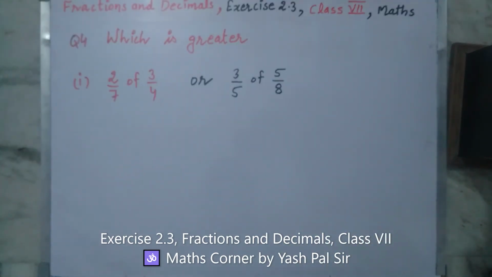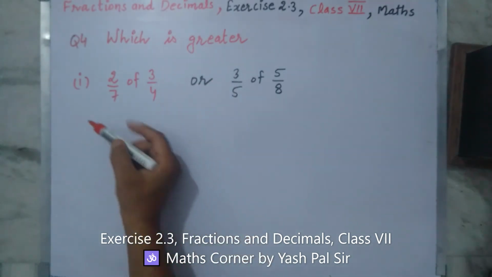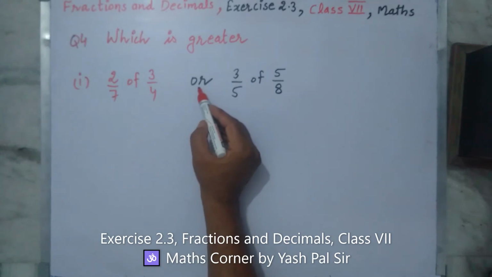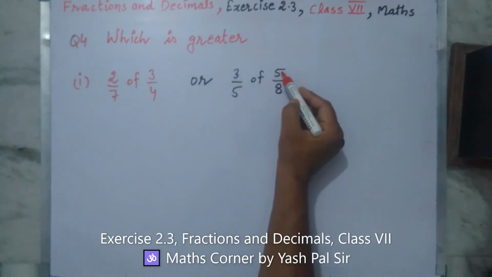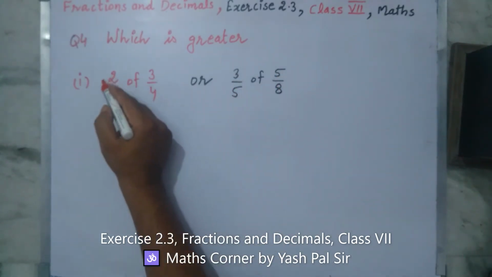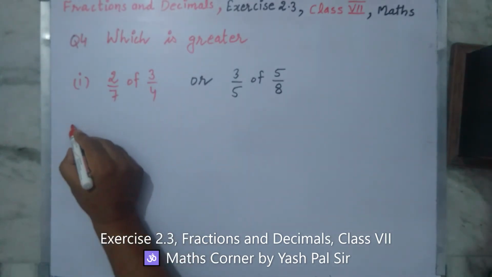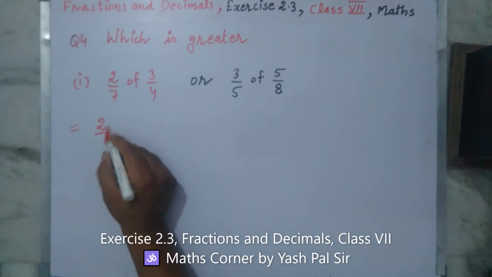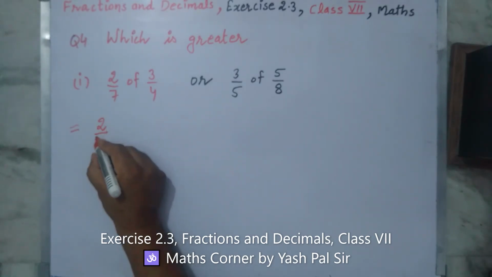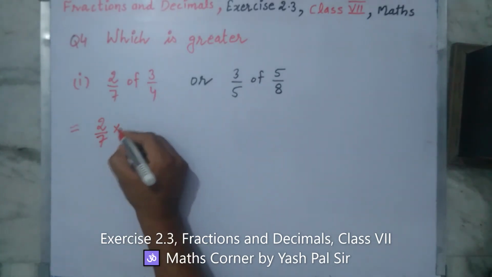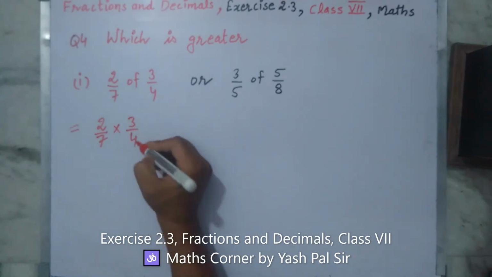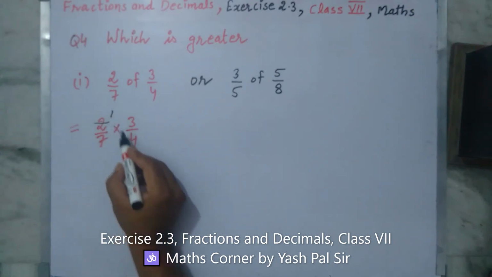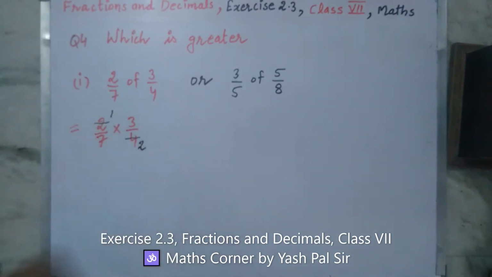Question number 4. Which is greater? Part 1: 2 by 7 of 3 by 4, or 3 by 5 of 5 by 8. First of all, what is this? This means 2 by 7 into 3 by 4. So what can we do? 2 ones are 2, 2 twos are 4.